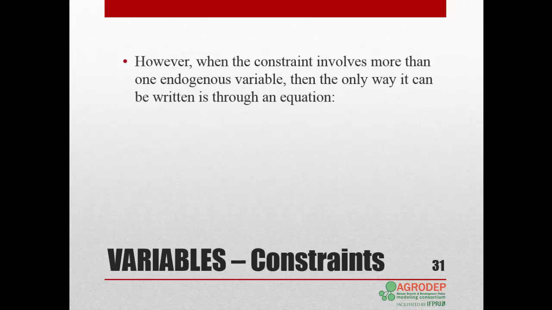However, when the constraint involves more than one endogenous variable, then the only way it can be written is through an equation. For example, to express that x is lower or equal to z, we first define the two variables x and z, and an equation which we call constraint, and write the relation between the two variables using the operator =L=.